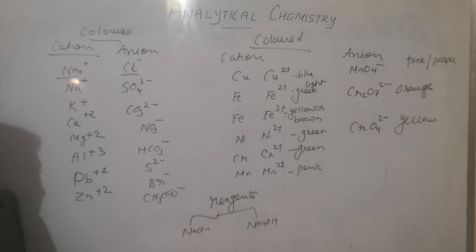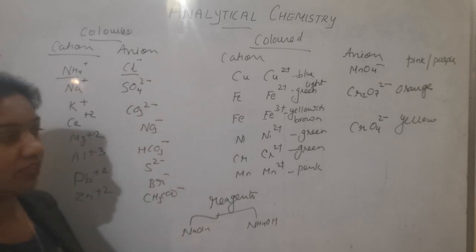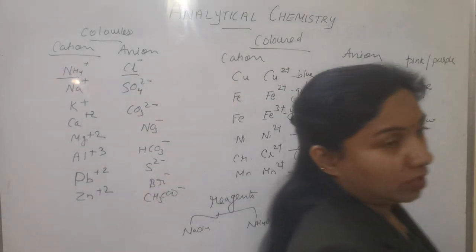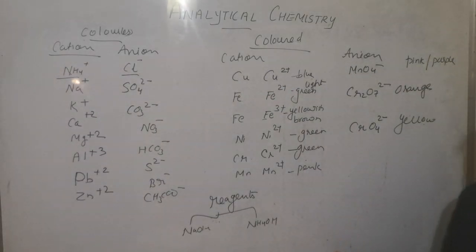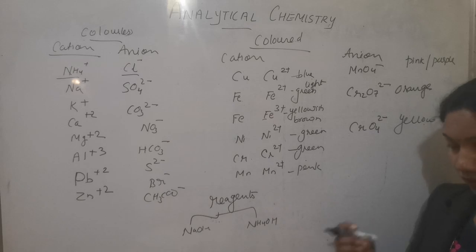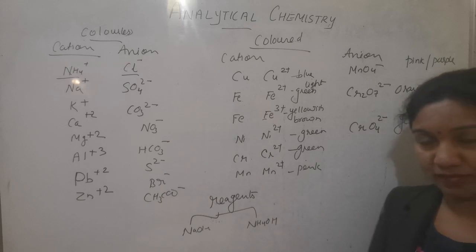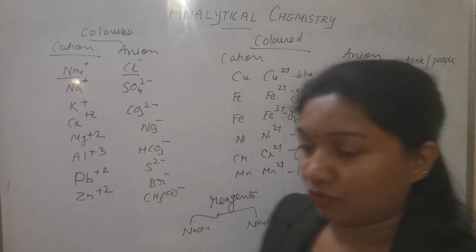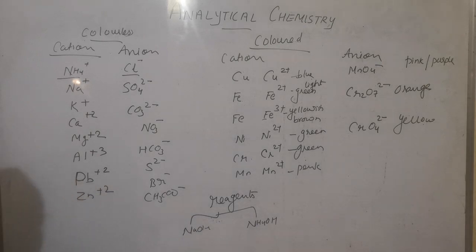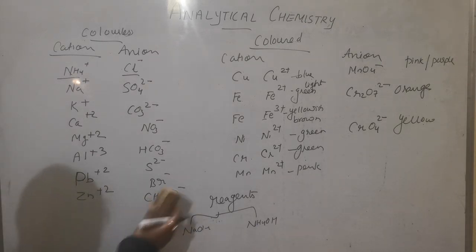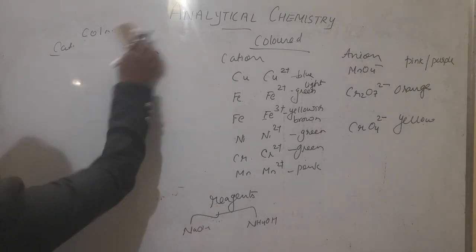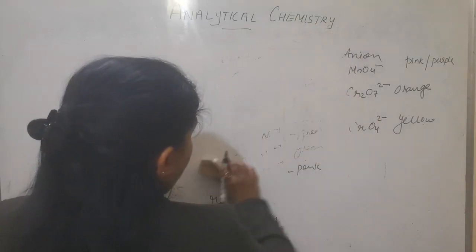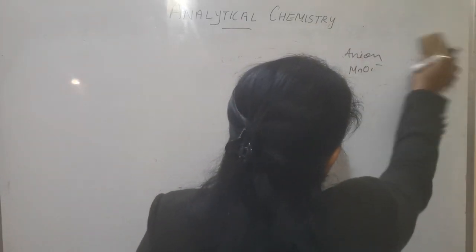Precipitate means whatever is insoluble that gets separated from the solution and gets deposited at the bottom of the test tube. And by noticing the color of the precipitate, you could easily identify the presence of certain salt. So now we'll see the effect of these reagents on certain salt solutions. First we'll see the effect of NaOH and then NH4OH.